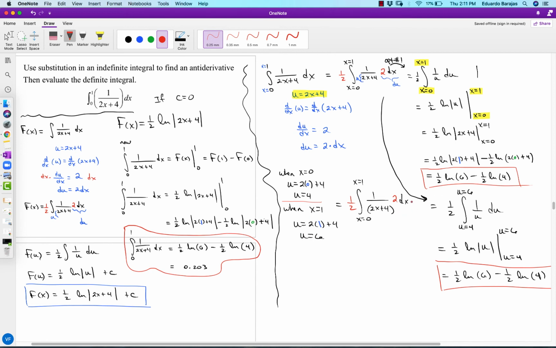So we can do a complete transformation of the variables. We changed the dx into a du. We changed the equation into something that involves a u. And we also changed the limits of integration to involve the variable u. Everything matches. So we don't have to go back to x anymore. So we find the antiderivative, and then we just evaluate it, and we end up getting the same answer.